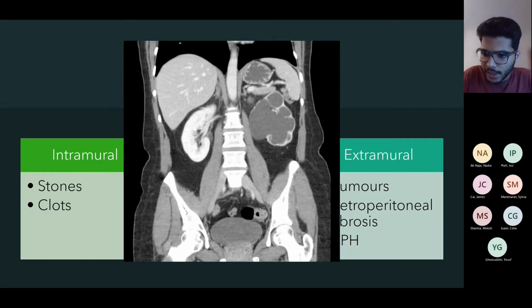Celia, yep, it's a CT, so it's a contrast CT. Yeah, Nadia, yes, it's a coronal view, it's a contrast CT. And it's a CT of the urinary system. So you can see the kidneys here. And what can you see about these two kidneys compared with each other? So these are the kidneys that I'm highlighting here. What do you think is happening?